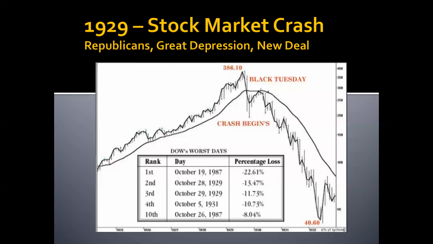You also have the rampant increase of homelessness because people are unable to buy mortgages, which leads to the creation of what we call Hoovervilles. They are named Hoovervilles after the current president, Herbert Hoover, for not doing anything to stop it. And so the Great Depression affects everybody in different ways.